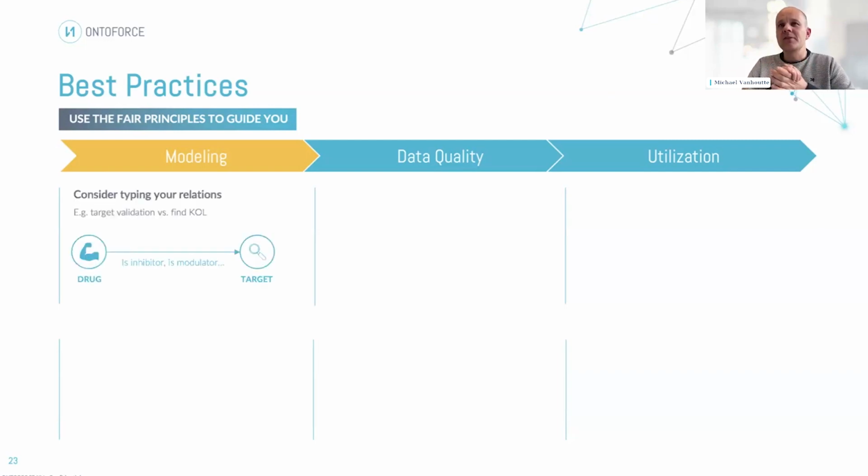So step 1. Consider typing your relations. In a knowledge graph, you obviously have different entities that you're talking about. In this example, you have drugs and targets, and they can be linked with each other in multiple different ways. Specifically, a drug could be an inhibitor for a target, could be a modulator for a target, and many other things. So in most situations where you want to do machine learning on top of your knowledge graph, you would use the typed relationship.